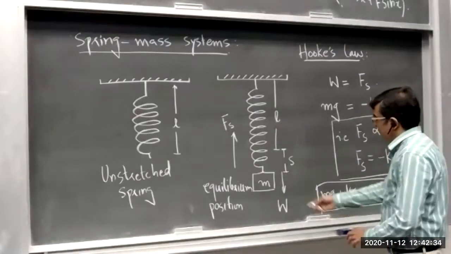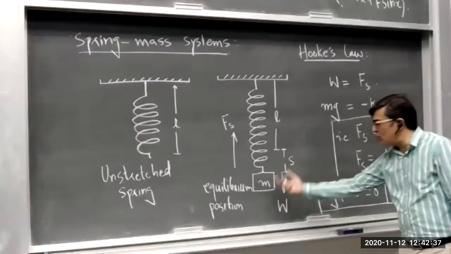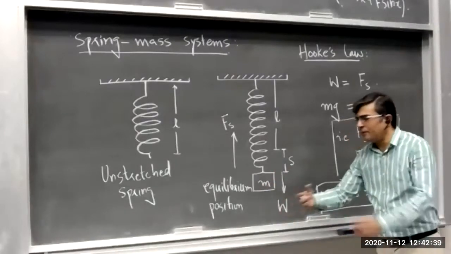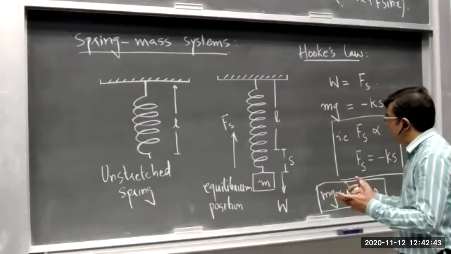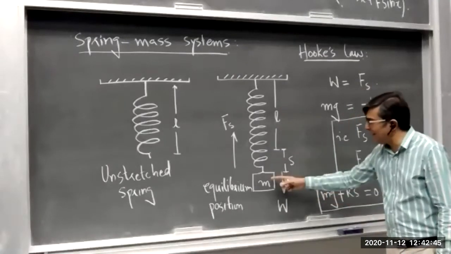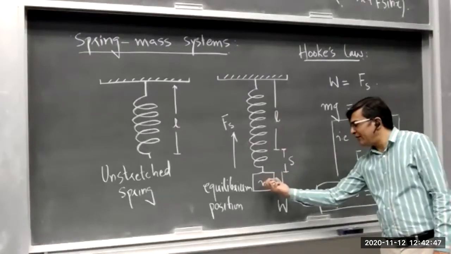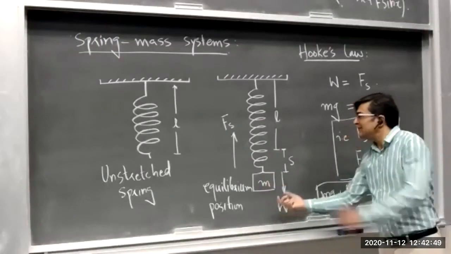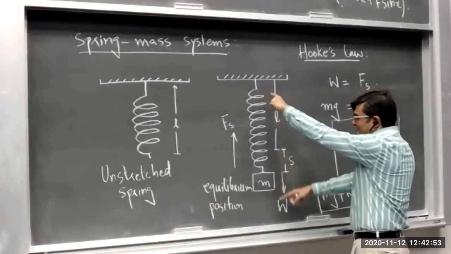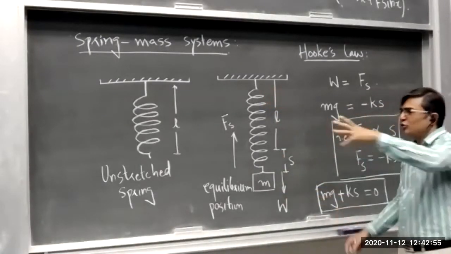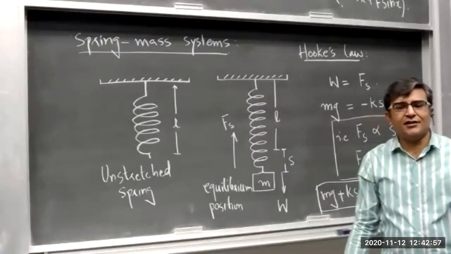So if we pull this mass downward, there will be a further extension in this spring. We assume that the further extension is x.